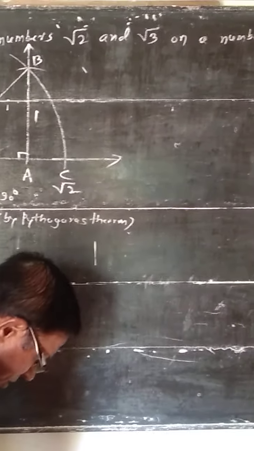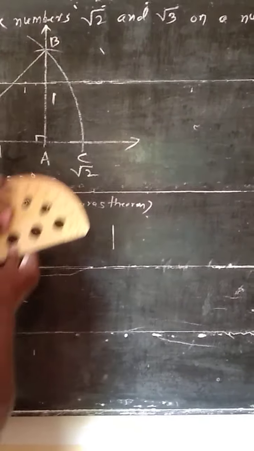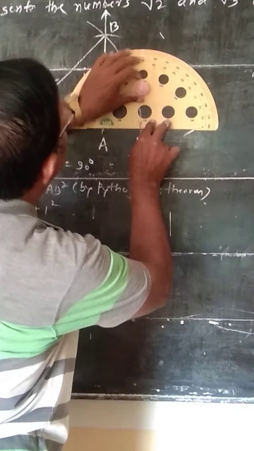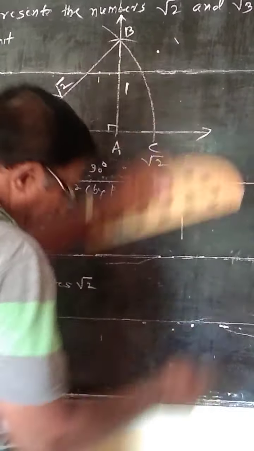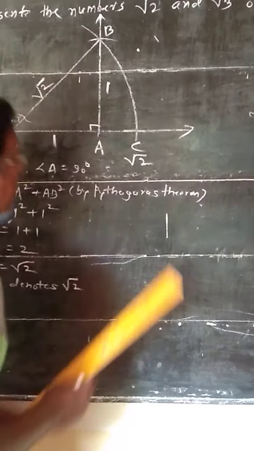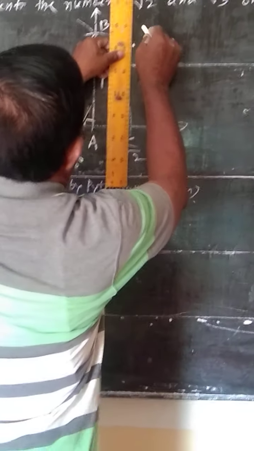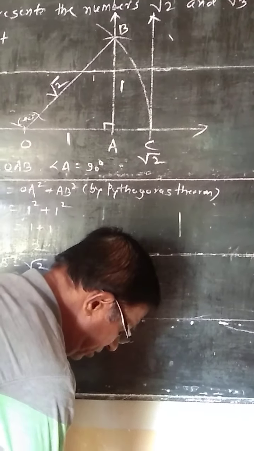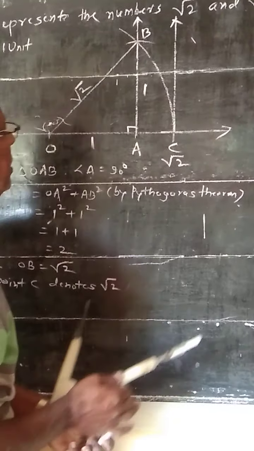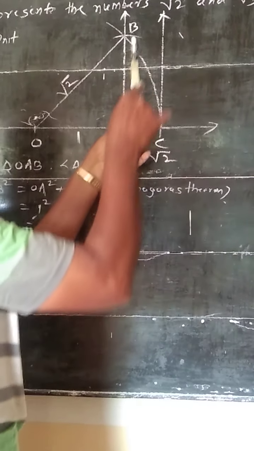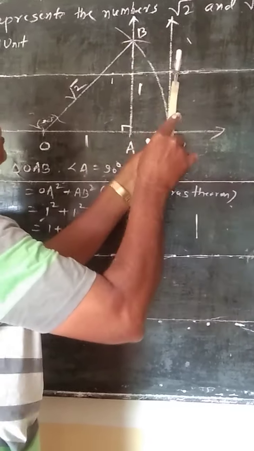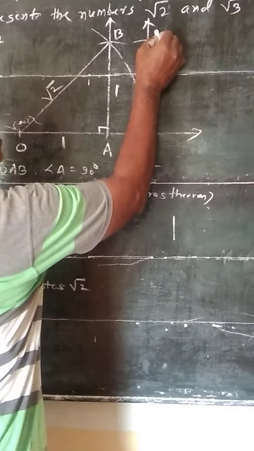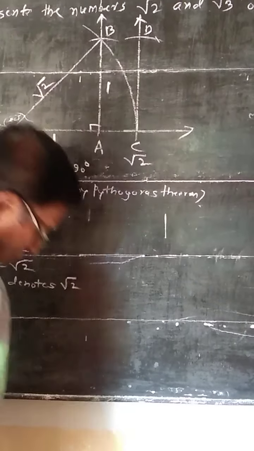Again, put the protractor on C. Take the measure 90 degree. Draw the ray. Then whatever the distance AB is, take it in the compass, put the point on C, arc the distance, this point is D. Join OD.